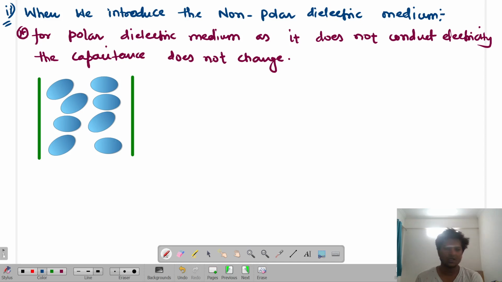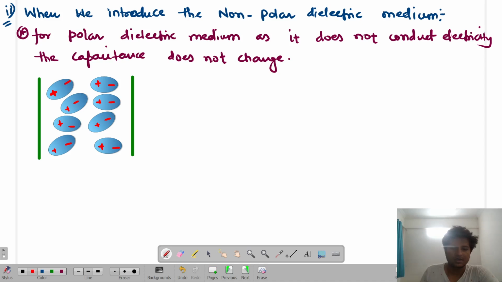But a non-polar dielectric medium can still have a little bit of polarity, because there is a little bit of plus minus charges in it, isn't it? So when there is no electric field, they will still have some plus minus combination.